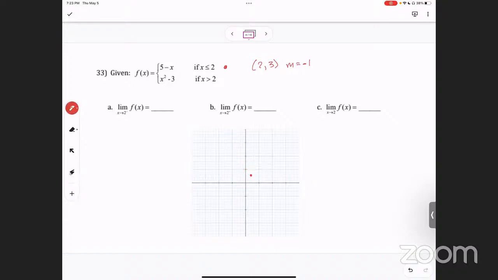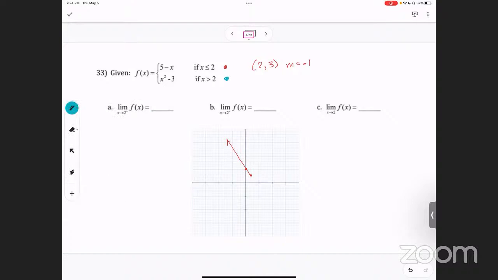So let's go up 1. Where am I at? 2 comma 3. If I go up 2, left 2, is that where I'm going to be? And so my graph is going to be like this, and it's going to go to the left from that point. Got it?